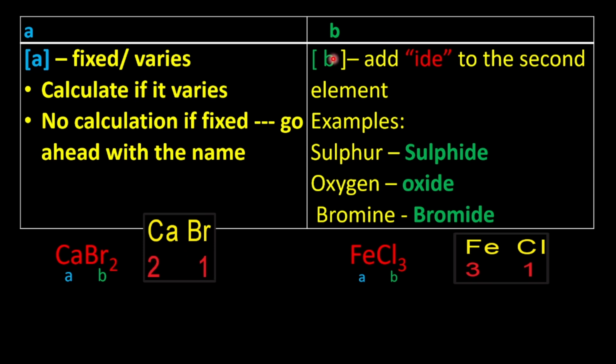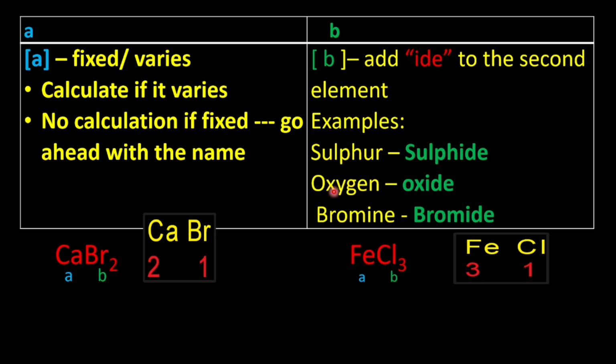Now let's come to B. With B, that is the second element, we introduce what we have here, which is ide. So it is like you saying B-ide. So a typical example is what we have here. When you have sulfur, it becomes sulfide.